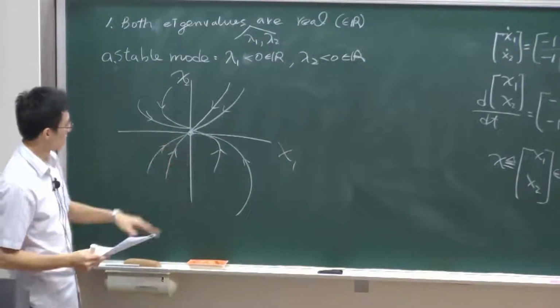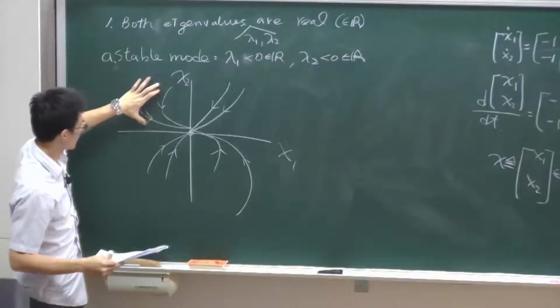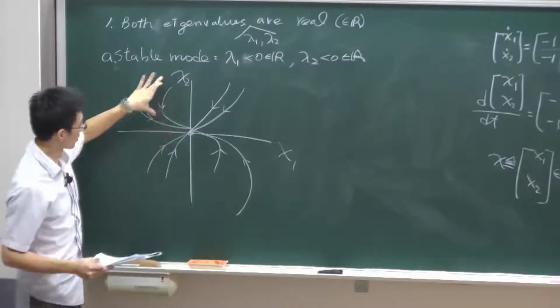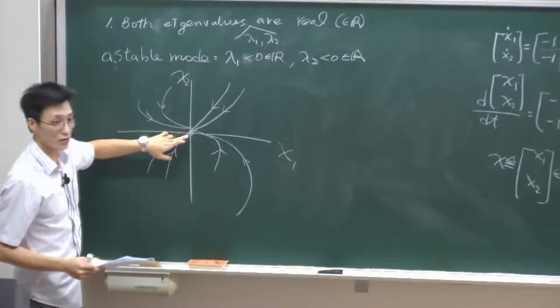Okay, it's a stable mode because the vector field is very consistent, right? It's trying to drive every point in the phase portrait to the origin.